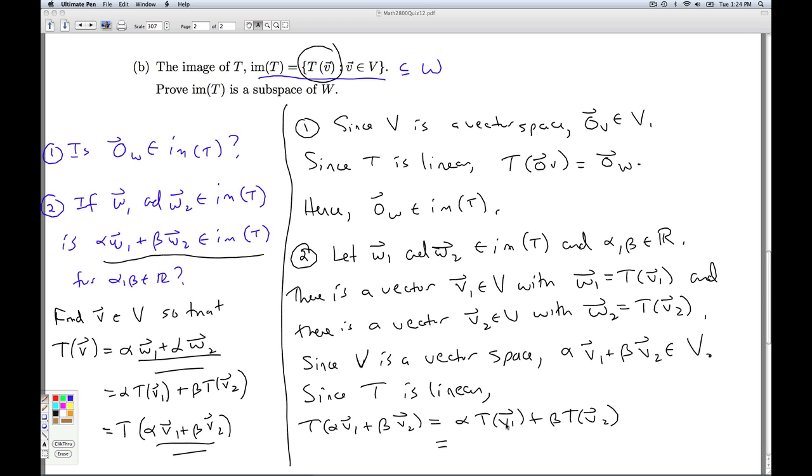And by definition, T of v1 is w1 and T of v2 is w2. So here's something in V that gets shipped to alpha w1 plus beta w2. That's what it means to be in the image of T.